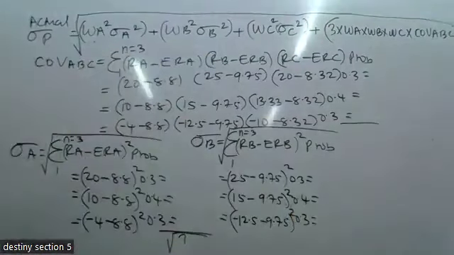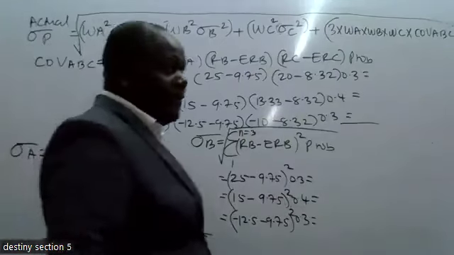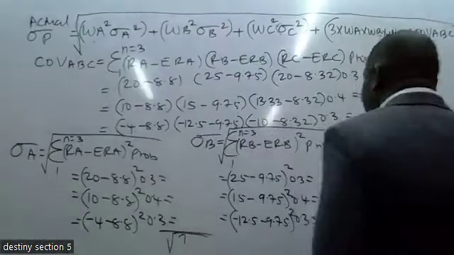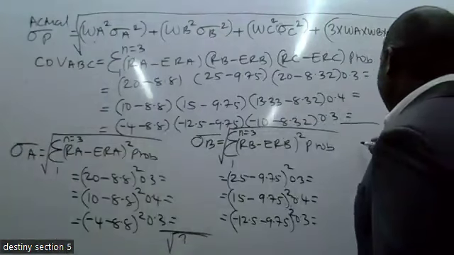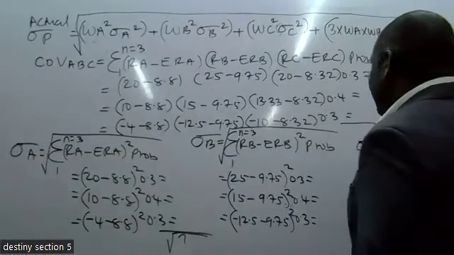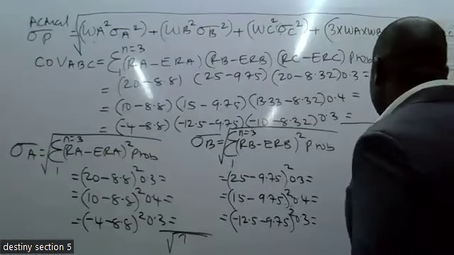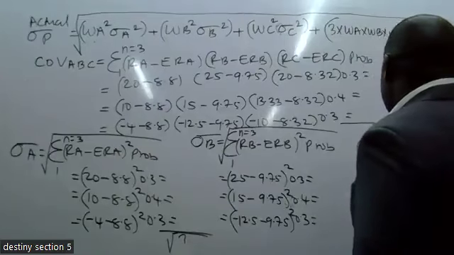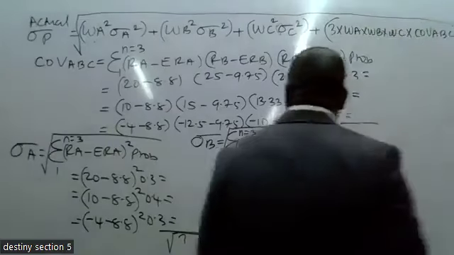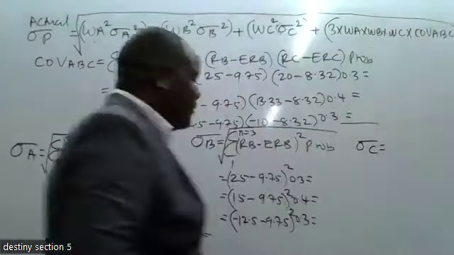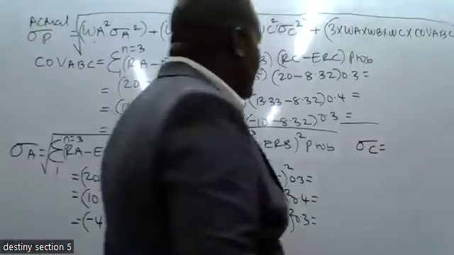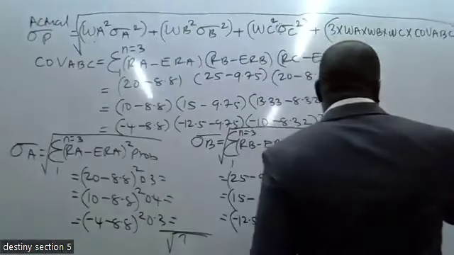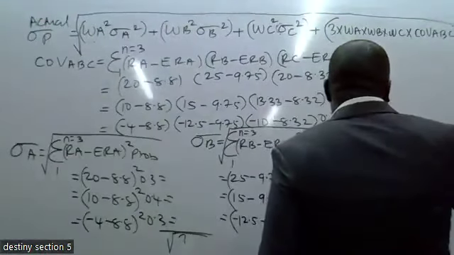So you should also get the standard deviation for B, and you will also get the standard deviation for C. So that was the challenge in the question. Whatever they are asking is small, but they gave you so many details to answer a very small proportion. Because we know how to get the standard deviation, we know how to get the covariance. But now they complicated it by giving you so many details.